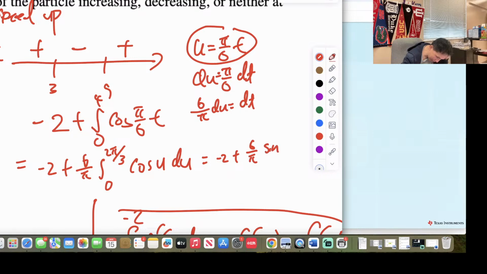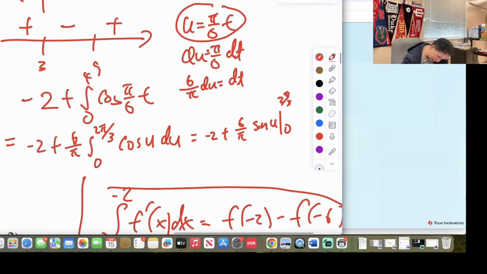So sine of u from 0 to 2 pi over 3. So it'd be -2 plus 6 over pi times, what is sine of 2 pi over 3? Root 3 over 2, minus 0.